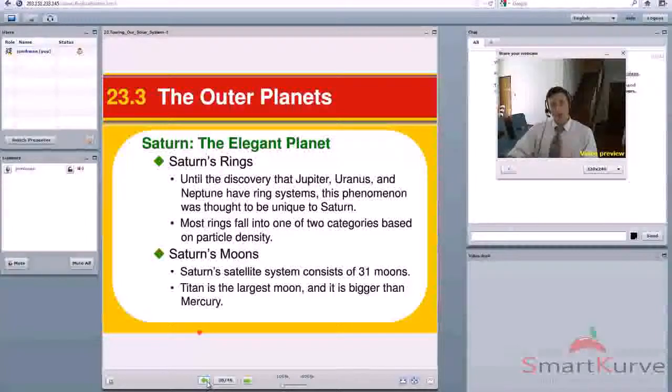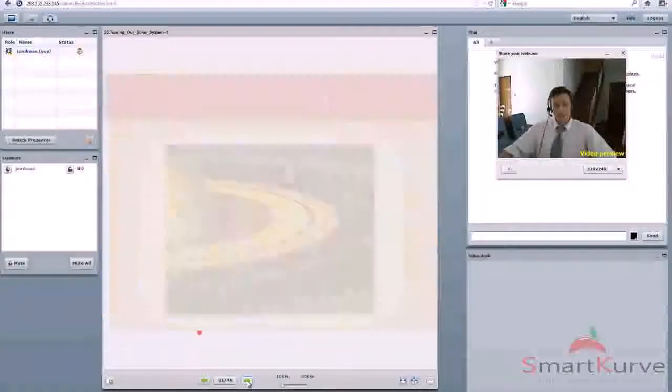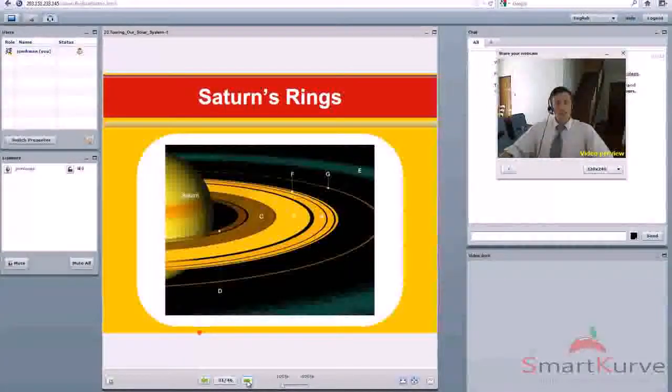But I told you that because Uranus's axis of rotation lies almost in the plane of the ecliptic, one side of Uranus will face the sun for about 42 years, and then it will turn away, and it will be away for almost 42 years.